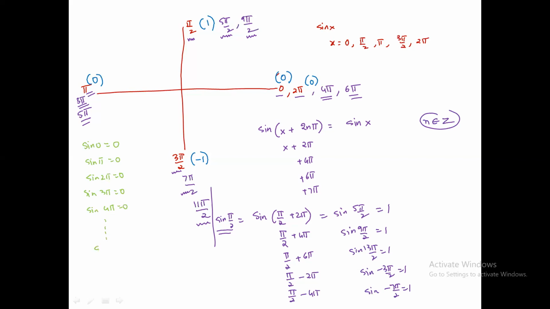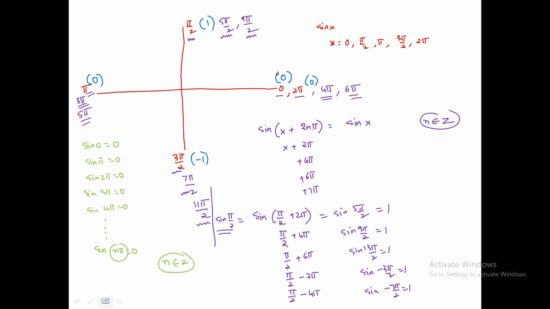So, sine n pi will be 0. Any number multiplied to pi. n can be any integer. Sine n pi will be 0. This also we can see.